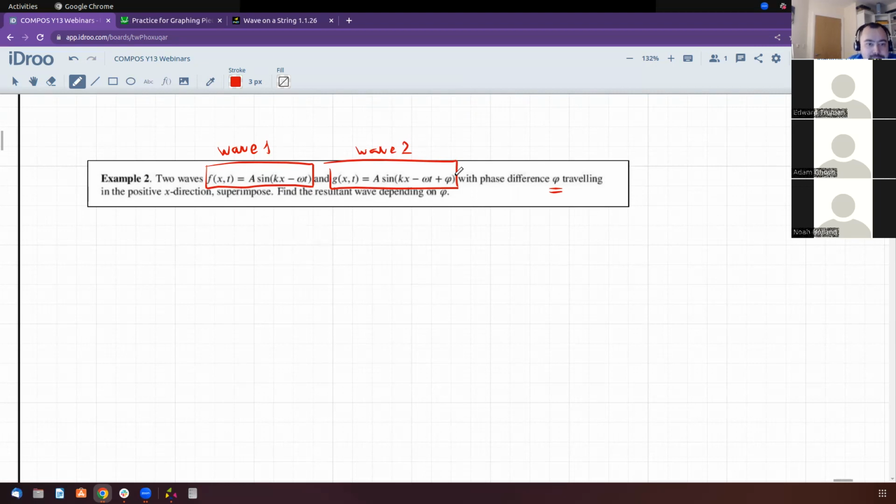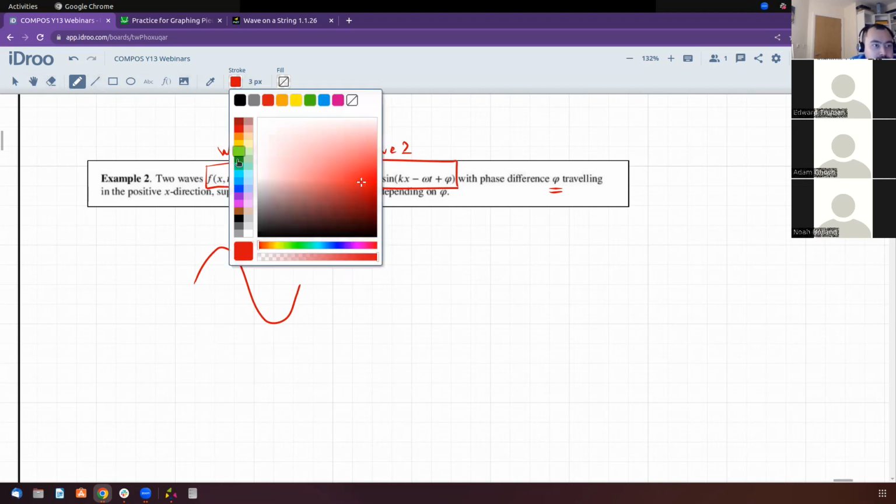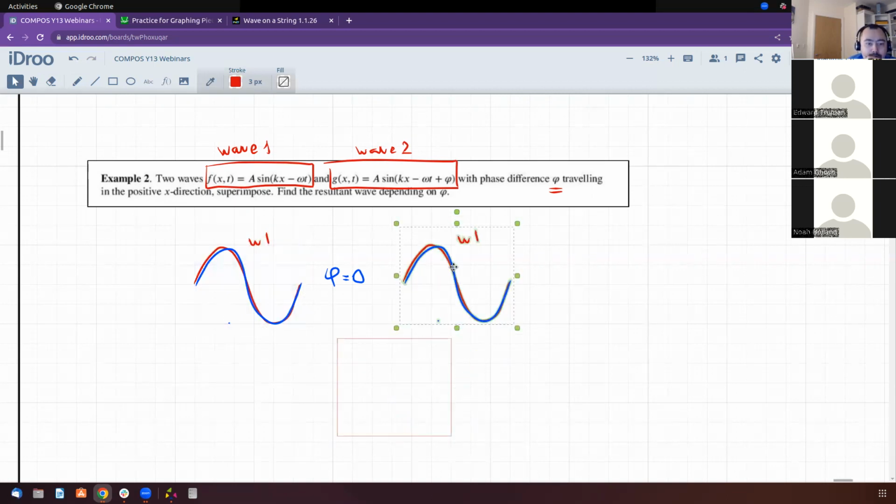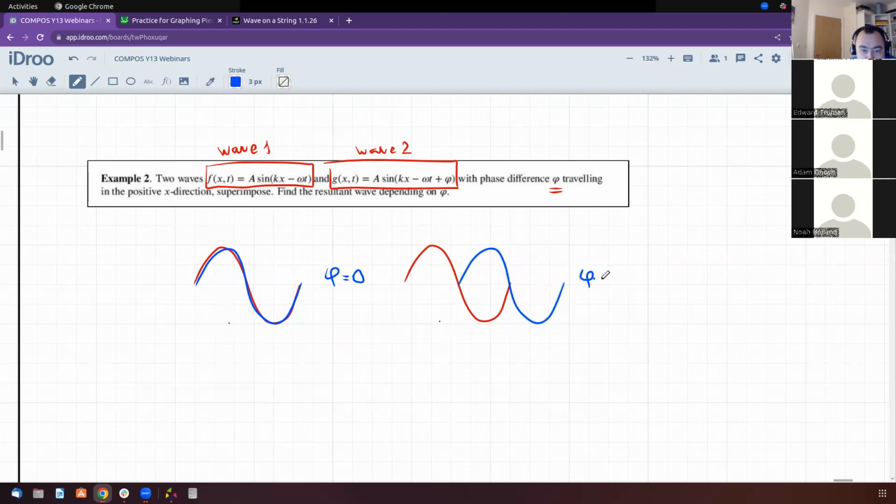So we have two waves, and this is the phase difference. For example, if wave 1 is like this and wave 2 is like this, then we say the phase difference is 0. If we have the waves like this, we say the phase difference is pi over 2.